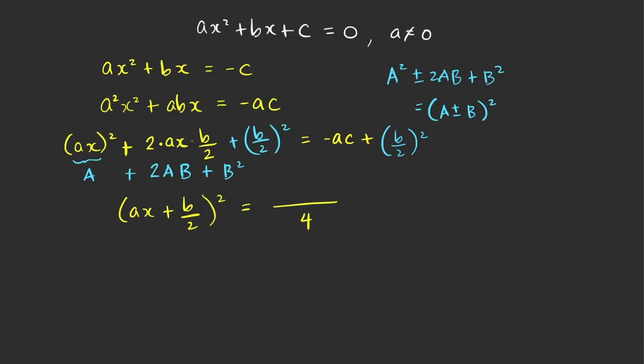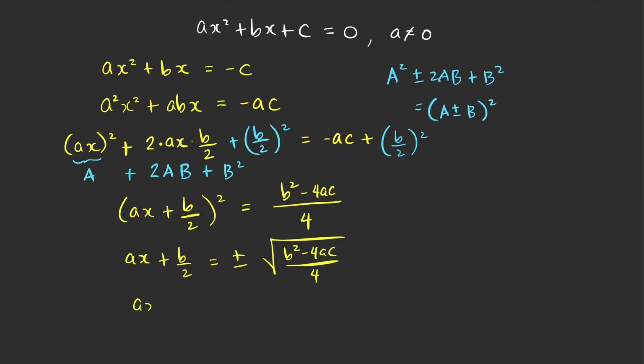The first term is b squared over 4, and then minus ac can be written as minus 4ac all over 4. And you take the square root of both sides. You have ax plus b over 2, and again, don't forget the plus or minus sign on one side of the equation, and you'll get the square root of b squared minus 4ac all over 4.